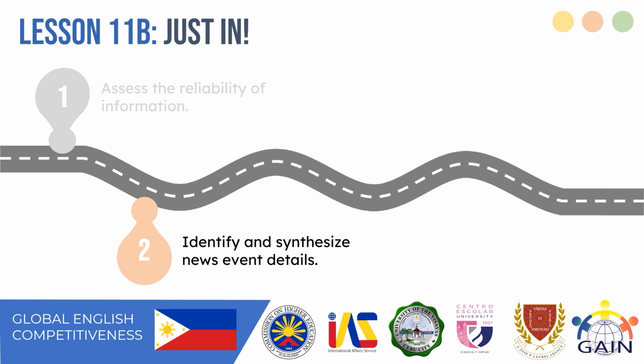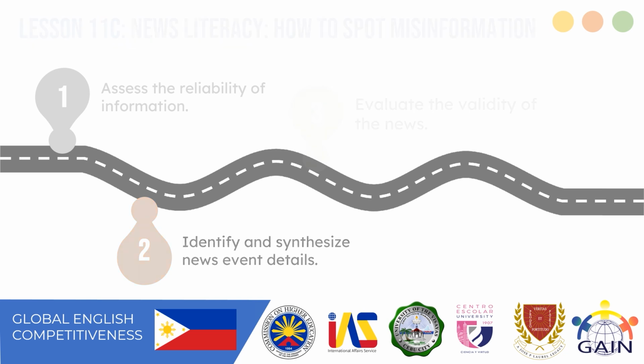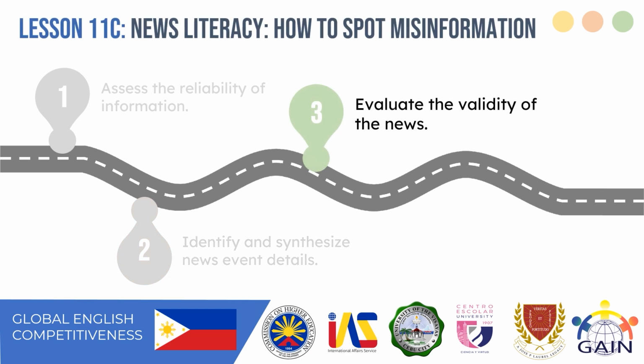In the previous lesson, you have also identified and synthesized news event details. So now, let's move on to our third can-do objective, to evaluate the validity of the news.